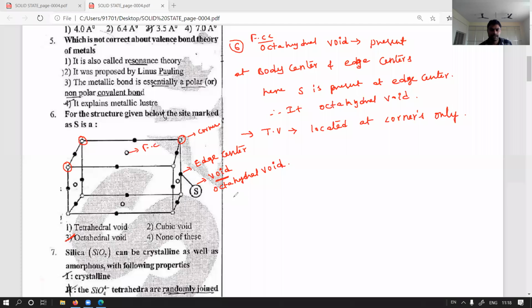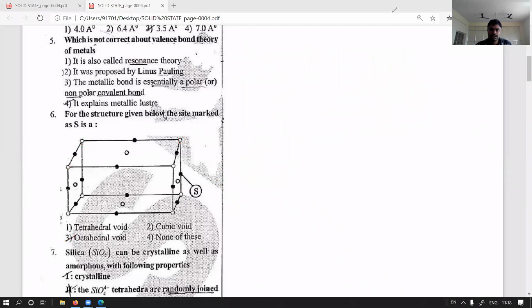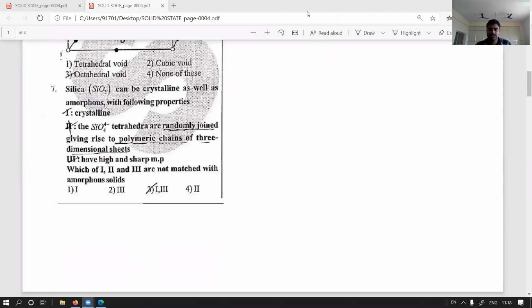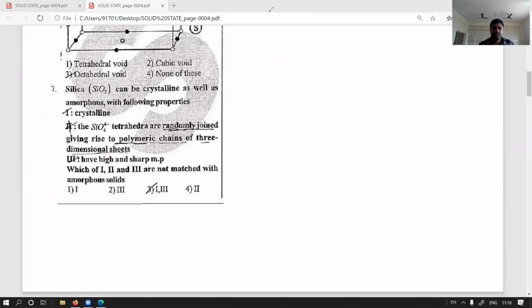Let's see the next, seventh question. What are they asking? SiO2, silicon dioxide, exists as crystalline as well as amorphous.